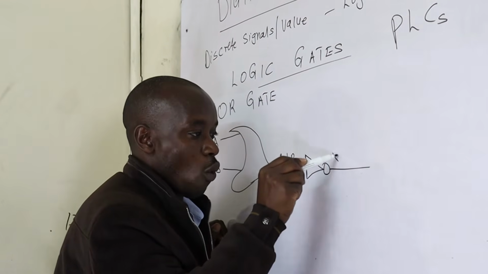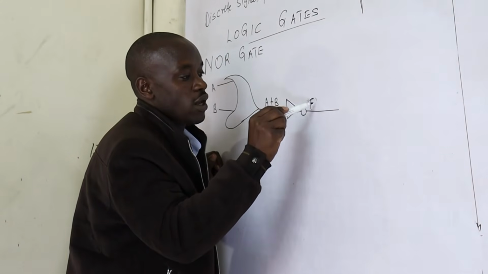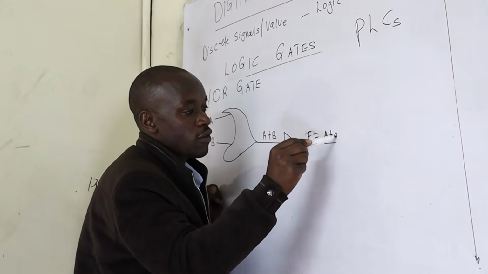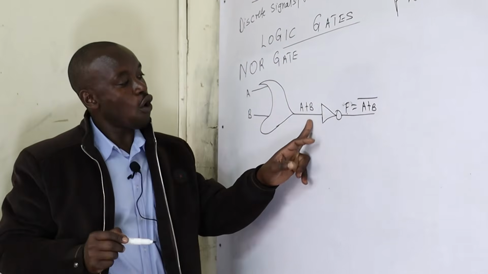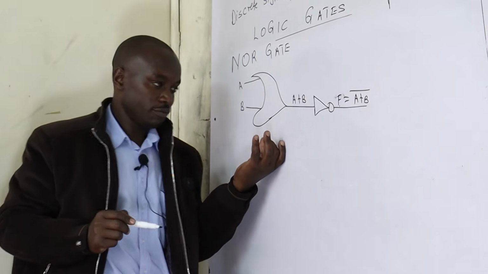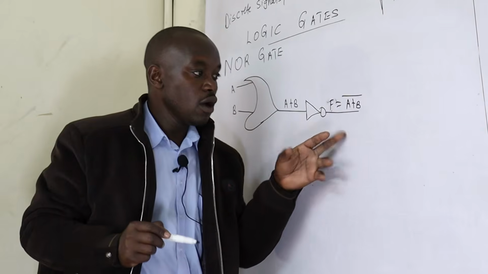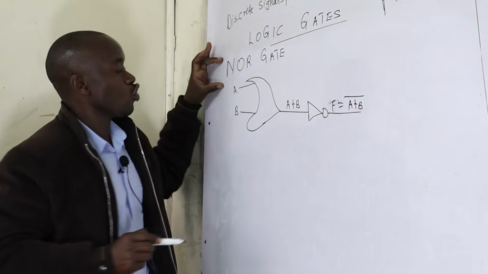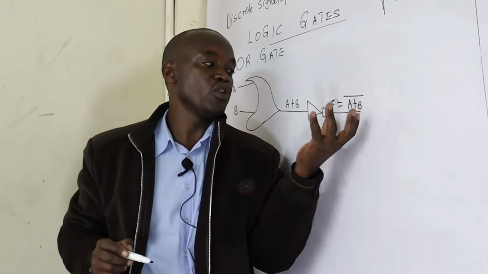So that now our Y, let me use F now. I don't want people to cram just Y. Our F or Q will be equal to A plus B bar. So the output of an OR gate, passing through a NOT gate, generates a gate by the name NOR. So NOR is you OR, then you NOT or you invert.